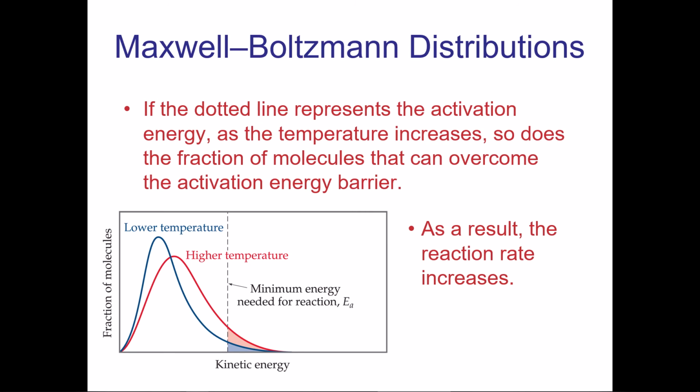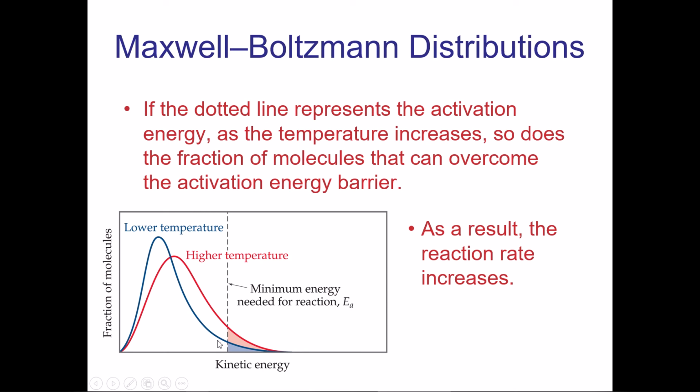So at a particular temperature, we'll look at the blue line first where it says lower temperature, we have a distribution of molecules that have different amounts of kinetic energy. A small group of molecules have very little kinetic energy, and a larger amount have a moderate amount of kinetic energy. Here's where you might see our average if we're looking at the area under the curve.